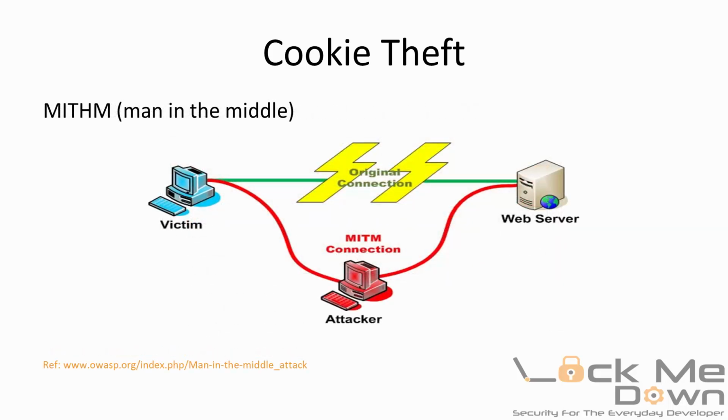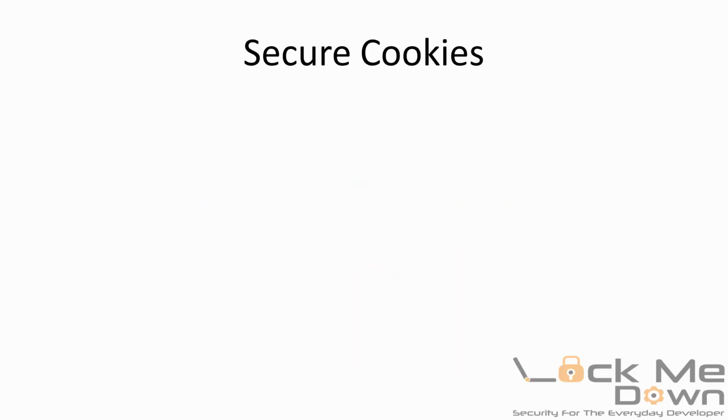Or through a man-in-the-middle attack, where an attacker has completely compromised the connection that a victim has with the web server, allowing all traffic from that victim to route through the attacker, and then in return get information out of the cookies. So how can we go about securing our application's cookies?